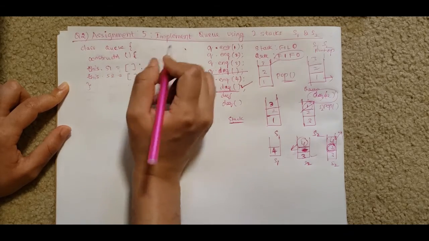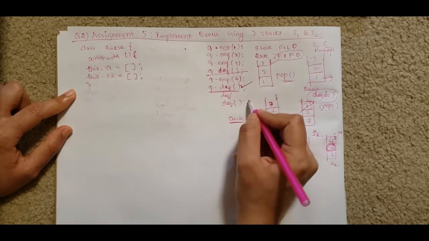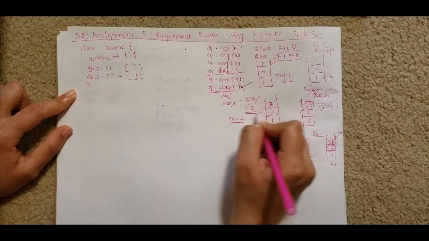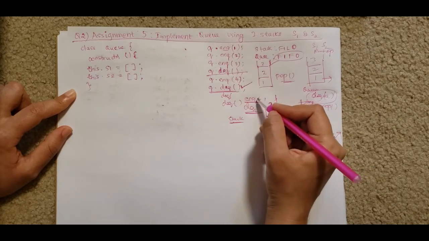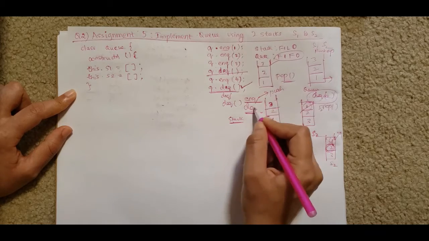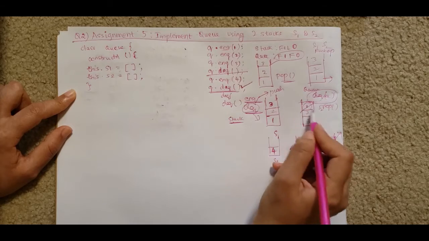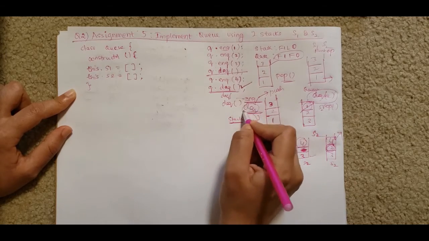So close the constructor. Now we'll define enqueue and dequeue functions. For enqueue, behind the scenes we'll use push. For dequeue, there are some procedures, like we have to move from here, we have to check if this is empty.